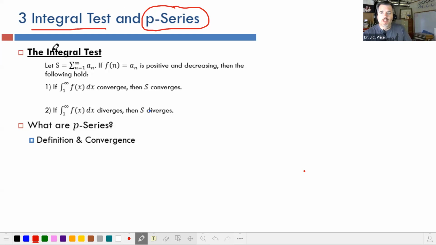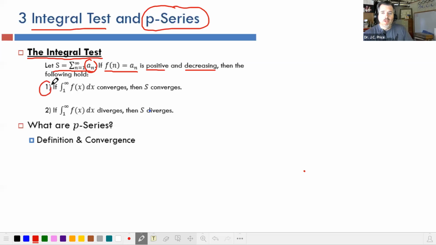So first, let's take a look at this integral test here. The integral test, of course, is a test that uses the integral. And what does it say? If you have this infinite series S here, and you define this function f of n to equal a sub n, just the terms of your series, and if it satisfies these two conditions, the terms must be positive and decreasing, which means they're getting smaller as n gets bigger, then the following holds.